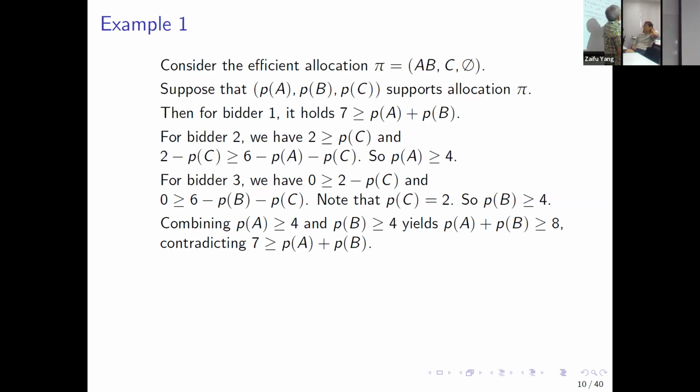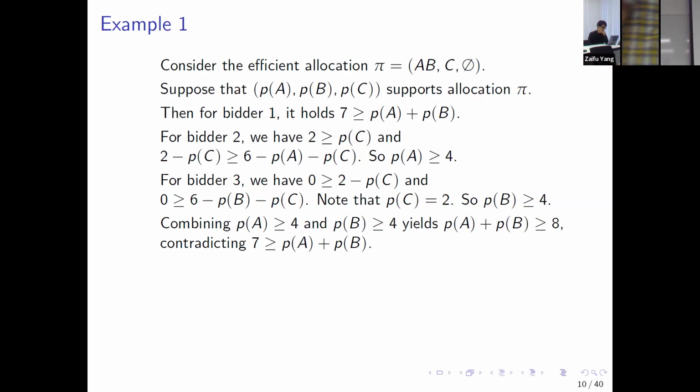And from here, you immediately have that the price PA should be no less than 4. Then for bidder 3, the empty bundle is optimal. So taking nothing is optimal, so 0 should be greater than or equal to 2 minus PC.